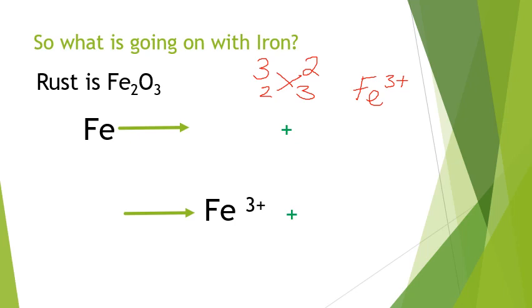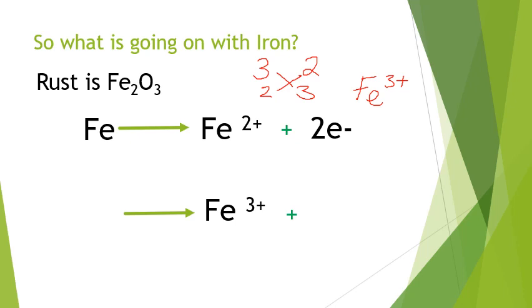Well, the Fe, because it undergoes corrosion, and corrosion is an oxidation reaction, and oxidation is the loss of electrons, the iron must lose electrons, and in fact it does. It loses 2 electrons to become Fe2+. So iron, at the start, loses 2 electrons when it rusts to make Fe2+.